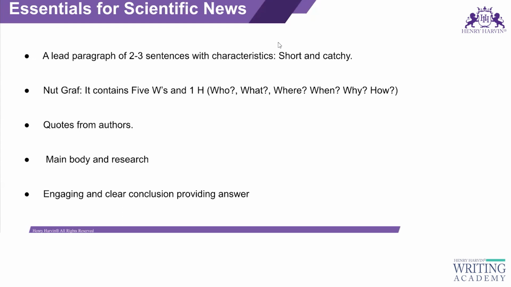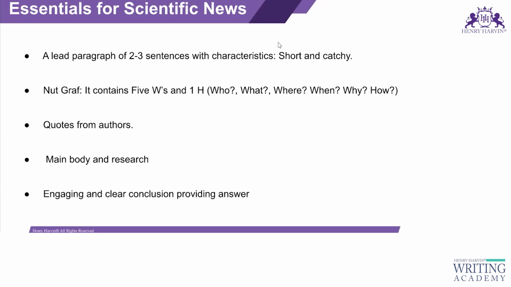It is important to mention who discovered that drug, which is the company responsible for that discovery, what has been discovered, where it has been discovered, and why. Sometimes there are many drugs already available for a particular disease, so why is there a need to discover a new therapy or treatment? Then how this drug is being discovered, what is the methodology used. So in brief, all these things are explained.